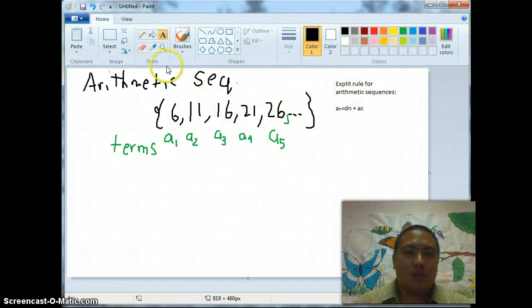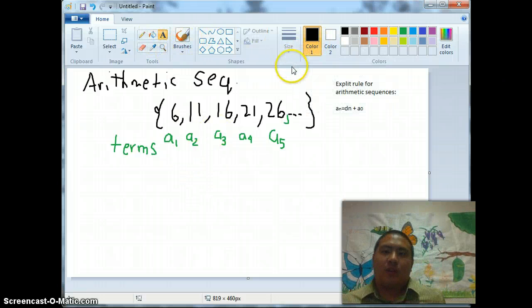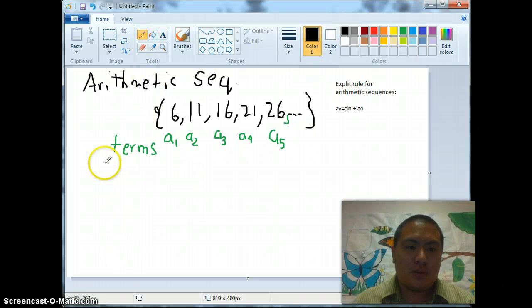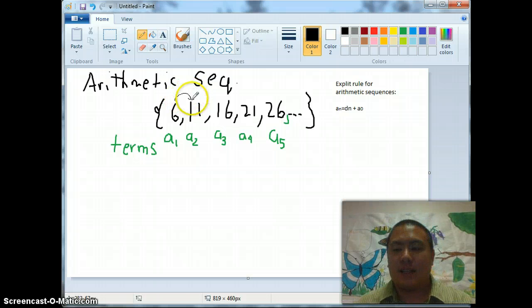So let's go ahead and figure it out. The first thing we need is the d, which is the common difference. I just need to figure out what the difference is between these terms. What makes it arithmetic is that every time you're adding or subtracting the same number. I think you guys can figure out the pattern here.